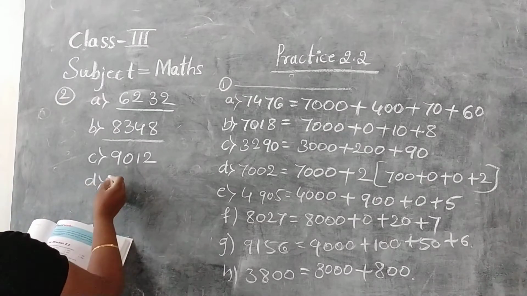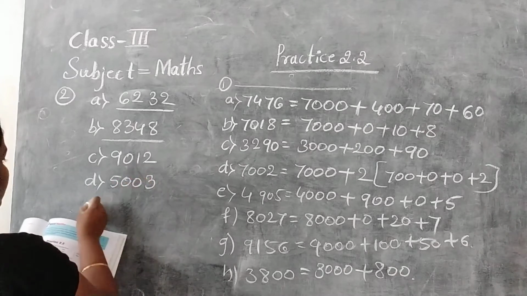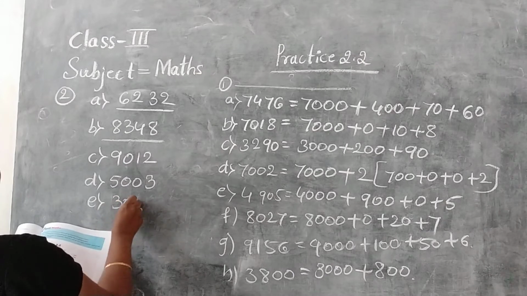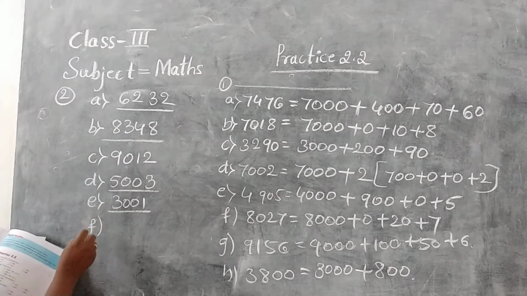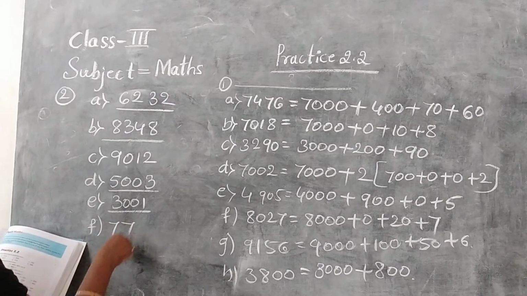D. 5,003. E. 3,001. Next, F. You write the question as well as the answer.